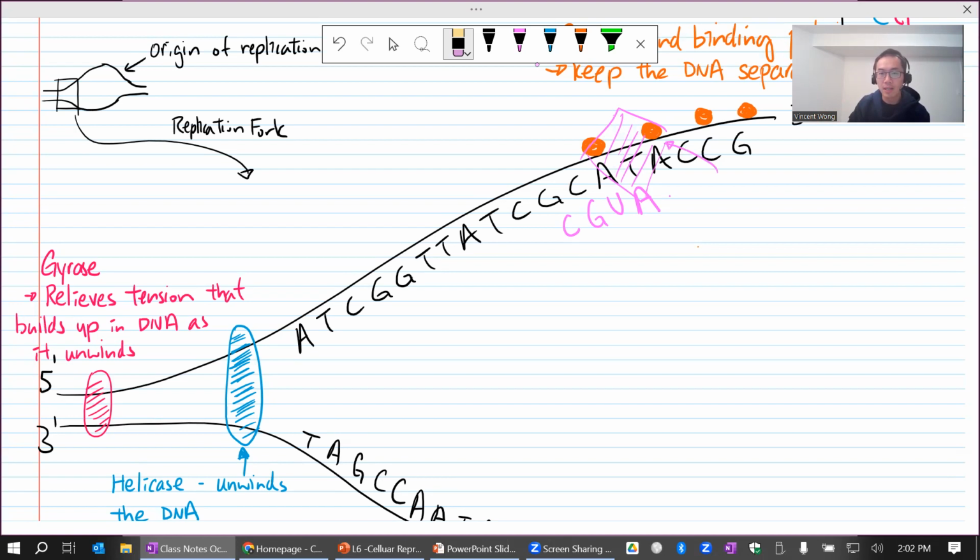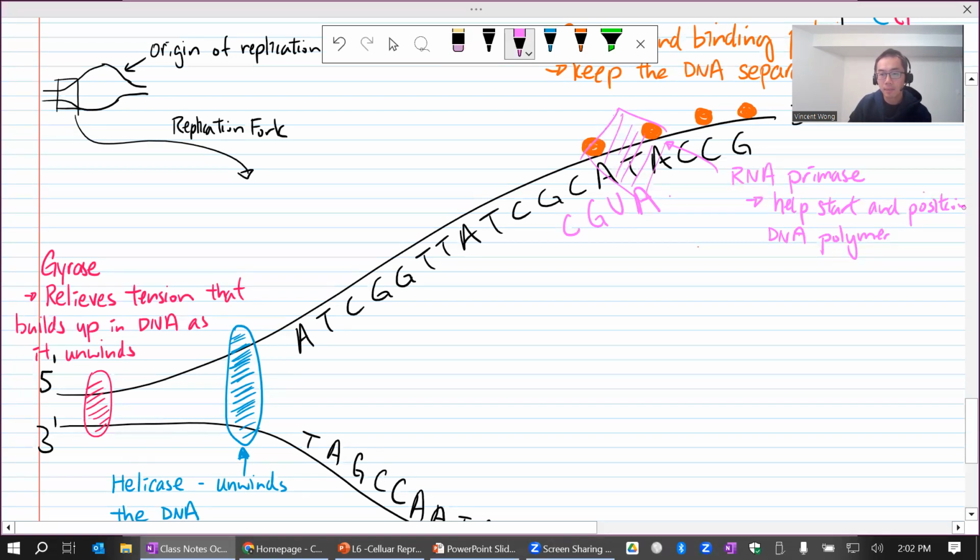So this enzyme is called the RNA primase. Okay. It will help start and position DNA polymerase 3.